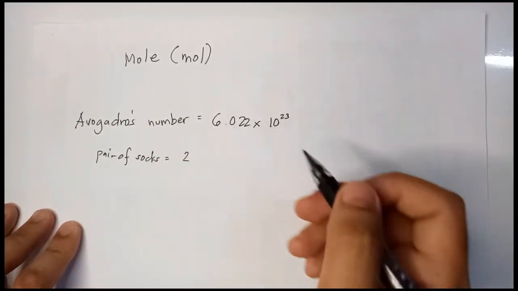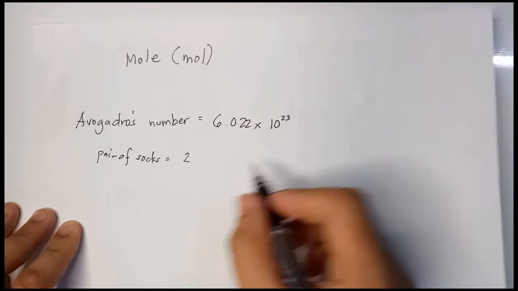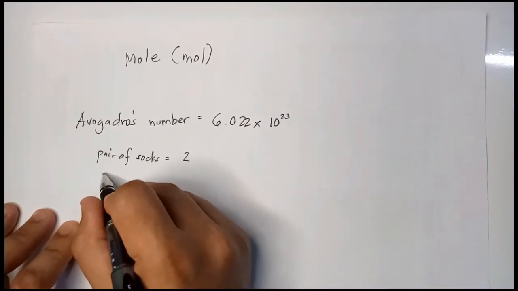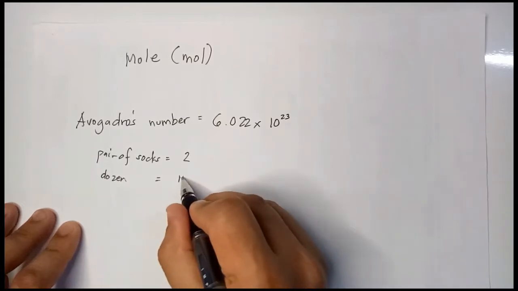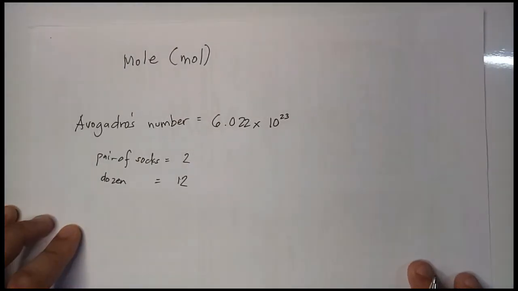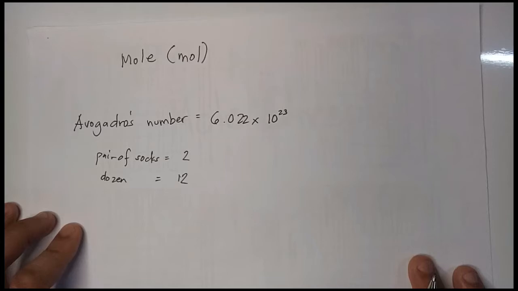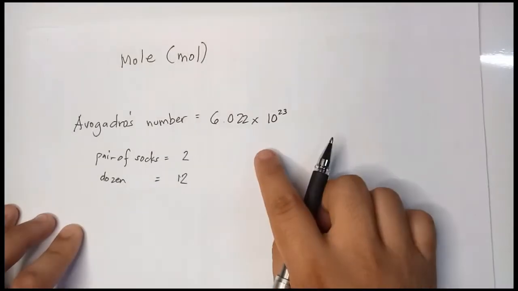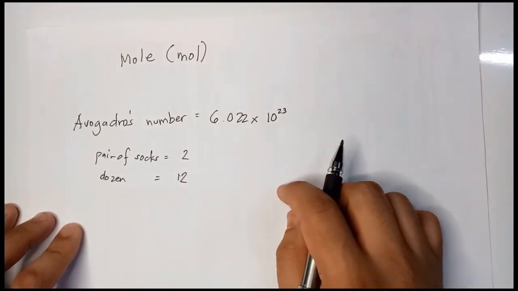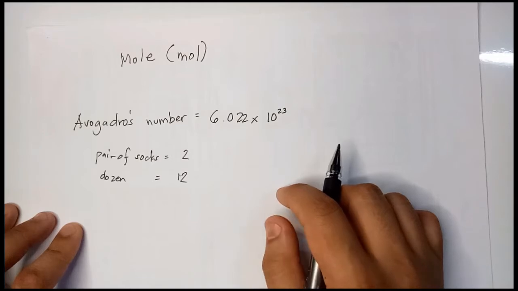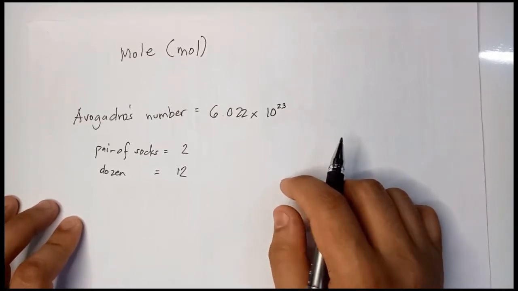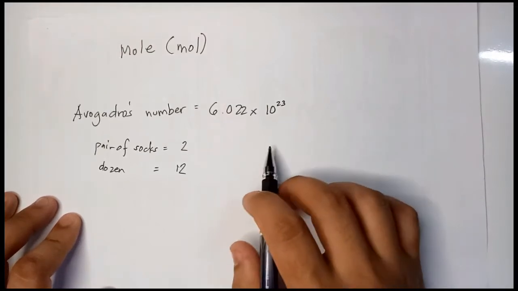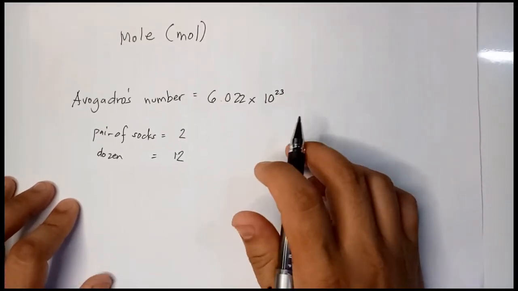Pag sinabi kong dozen, ilan siya? 12. So, ginagamit natin ang mole o itong Avogadro's number para ma-determine natin yung mga substances o yung mga bagay na mahirap kunin yung units.